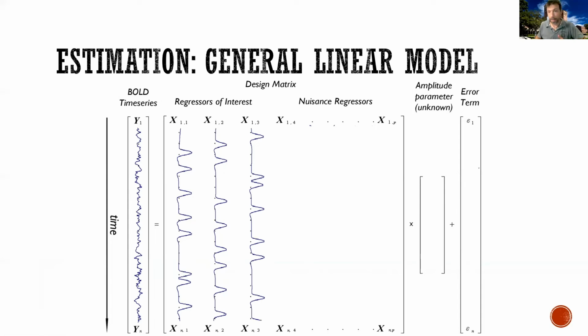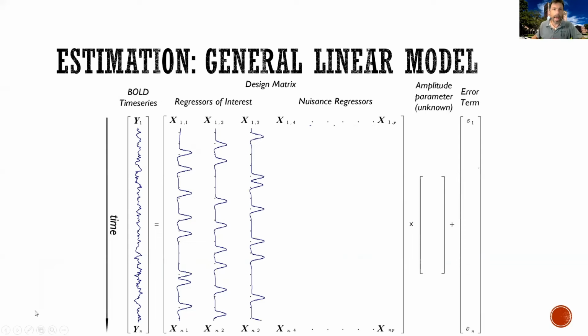Now, there might be, as I was saying earlier, a number of regressors of non-interest, also typically referred to as nuisance regressors. In fact, if you are interested in resting state, usually you're doing this type of regression only with nuisance regressors, so that after you can take the residuals and run some interesting resting state analysis on that.